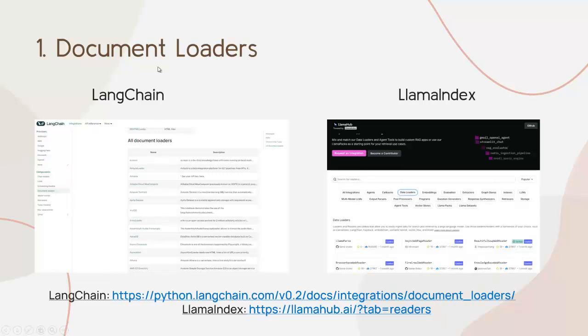We can use various document loaders to load data. Now, these document loaders would load data from a variety of sources, say your Google Drive or CSV, Excel files, and so on. In LangChain, you can use different functions, and in Llama Index, you could use the Llama Hub.